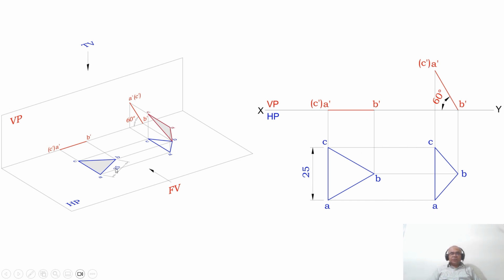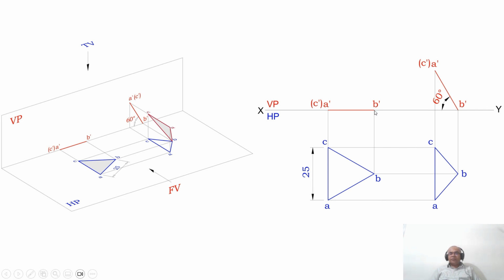As we are rotating this surface by keeping the corner on the HP, what happens to the image? The image in the front view is also getting rotated. So therefore, you have to copy this line here at an angle of 60 degrees. Therefore, from B dash, you measure an angle of 60 degrees and draw an inclined line with respect to the horizontal.